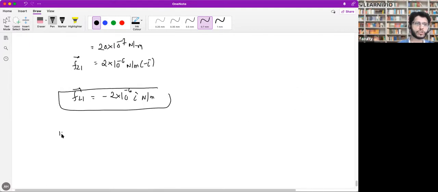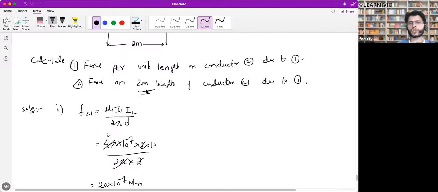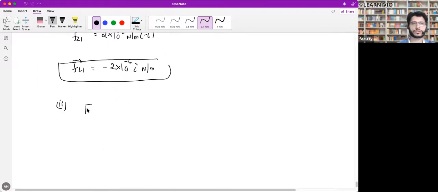So this is force on 1 meter length. In the second part, you need force on 2 meter length. So capital F21 will be small f21 multiplied by the length of the conductor. This is the force on the unit length of the conductor. When you need force on 2 meter length, just multiply it by 2.